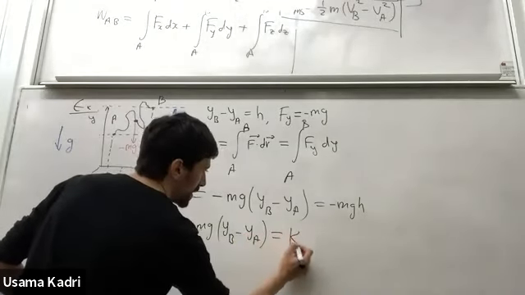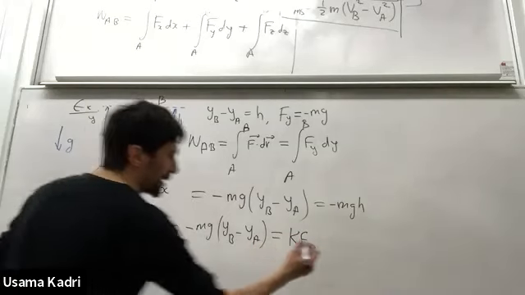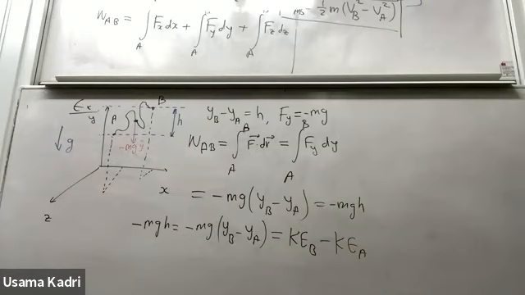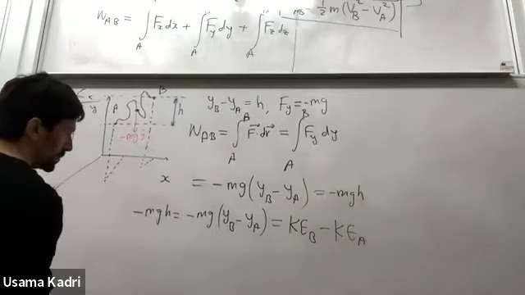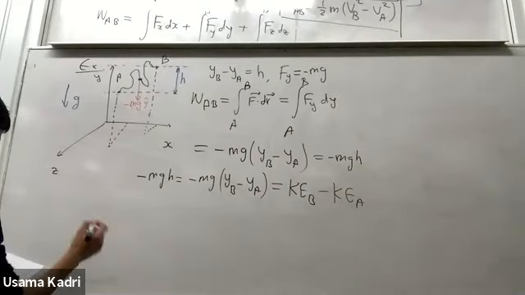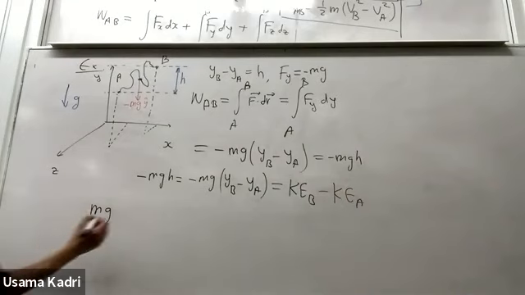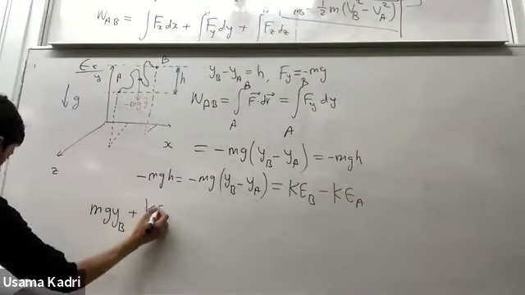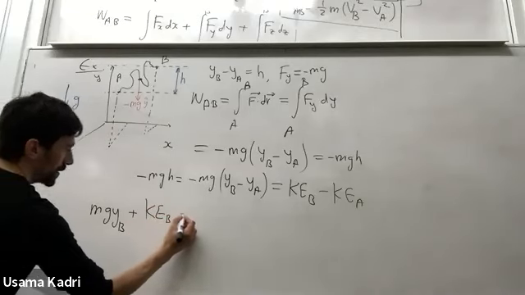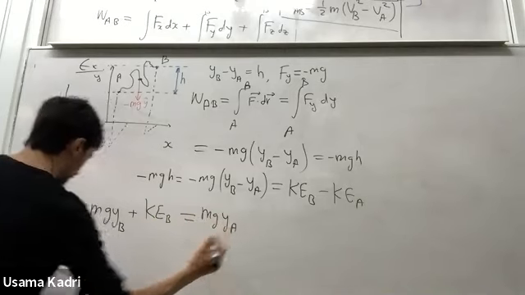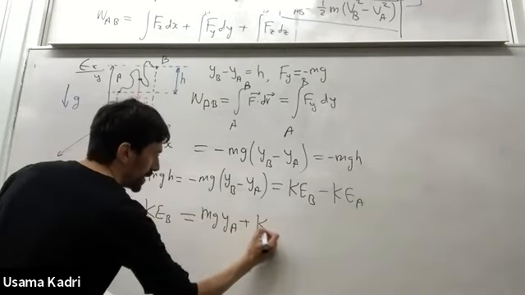And this is exactly the difference in the kinetic energy between the two endpoints, A and B. So I can rewrite this as mg yB plus KEB equal to mg yA plus KEA.